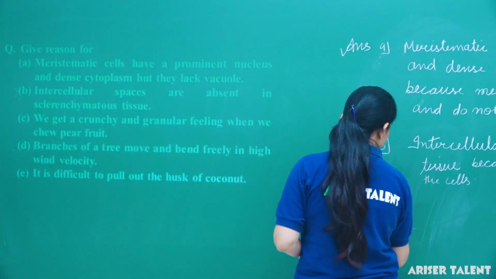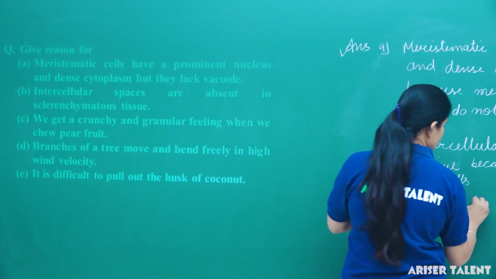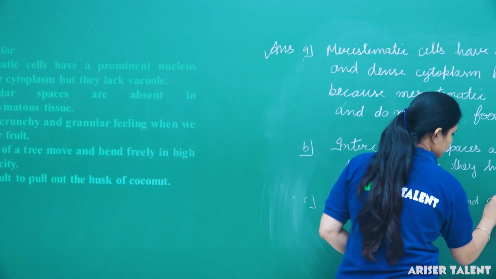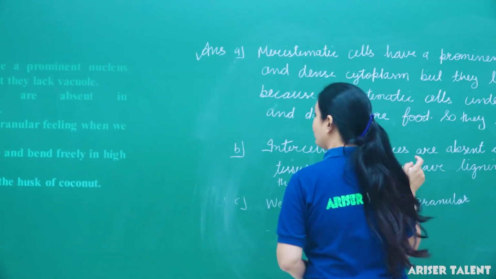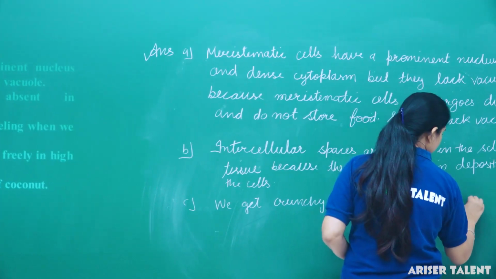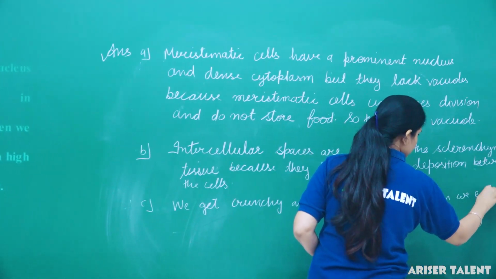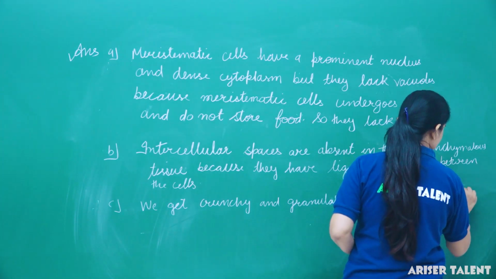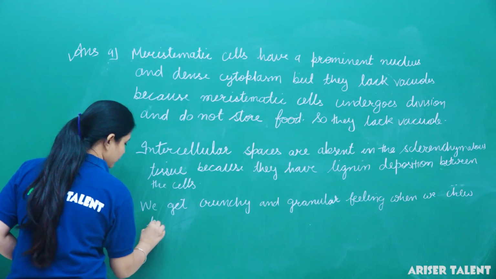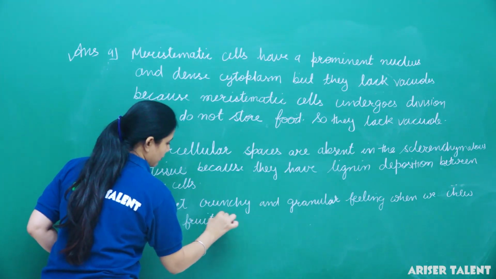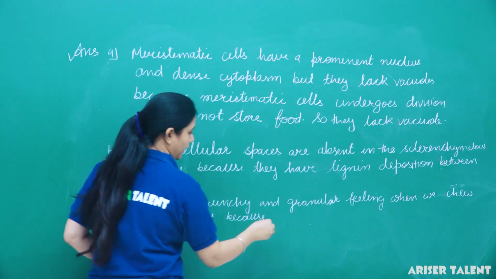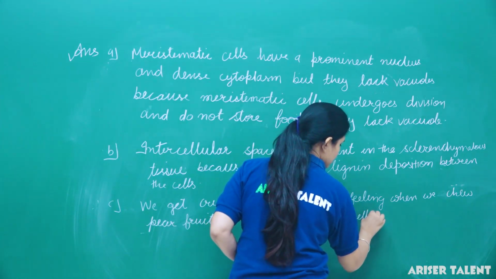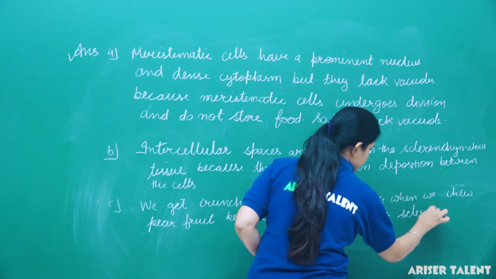Thus we can mention we get crunchy and granular feeling when we eat or when we chew pear fruit because it has stone cells or sclerites.